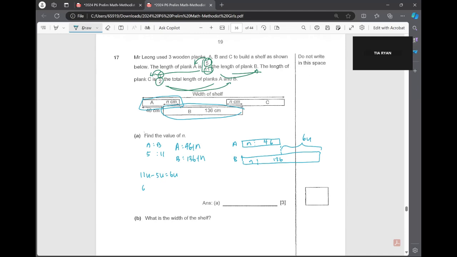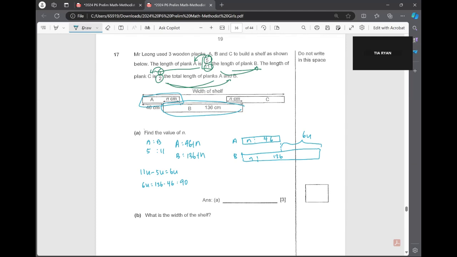I have to take 6U equals 136 minus 46, which I will get an answer of 90. After I get 90, what can I find? I can find 1 unit, right? 1 unit equals 90 divided by 6, which I'll get an answer of 15.